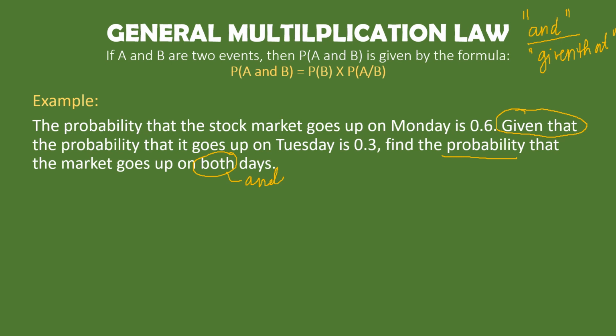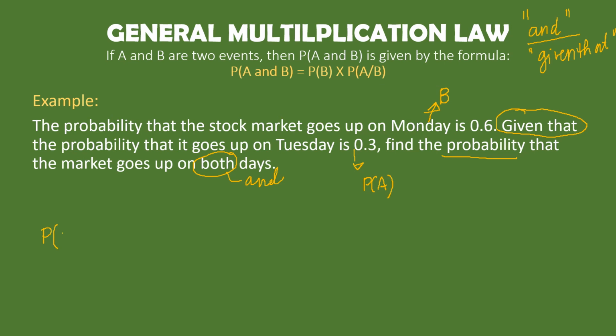So, let's identify what is the condition. Which of the days is the condition? Is it Monday or Tuesday? That's right. The condition is Monday. So this is our B, and this is our A. So let us now apply it in the formula.